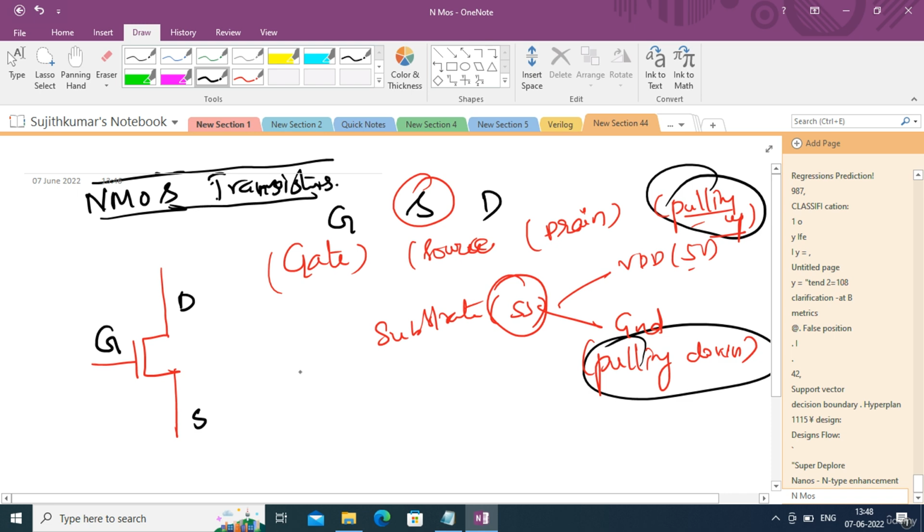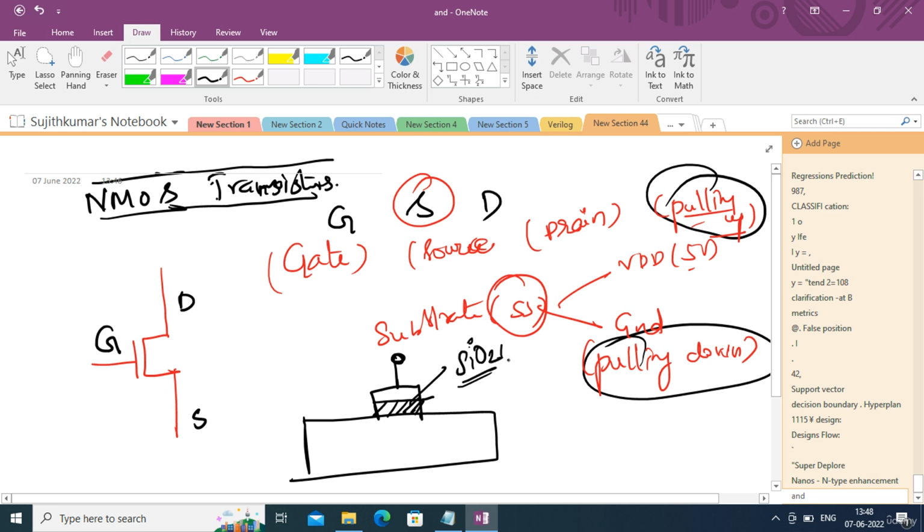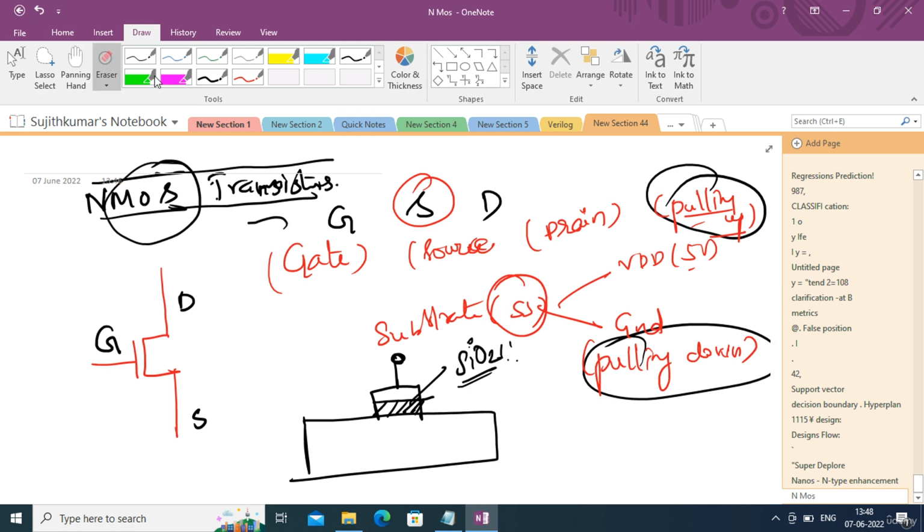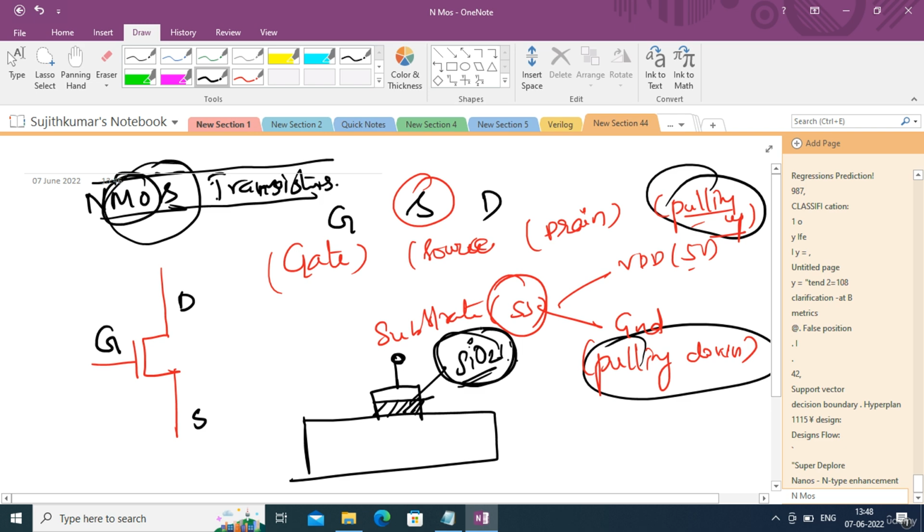And if you look at the physical cross section of the NMOS transistors, here nothing but the gate is there, and here there is a silicon dioxide layer. Okay, which is acting as an insulator. Okay, that is why this is called as MOS transistor. When I say MOS transistor, it means metal oxide semiconductor. What is metal oxide here? The silicon dioxide layer. That is nothing but the metal oxide.